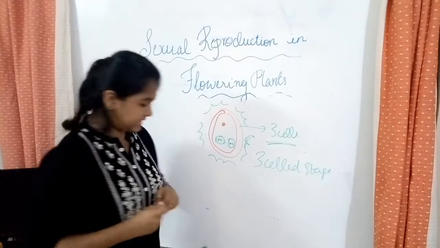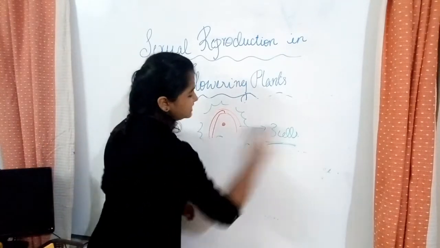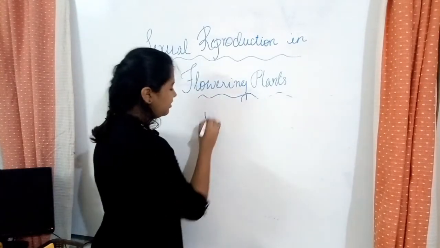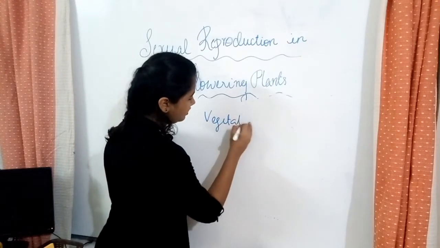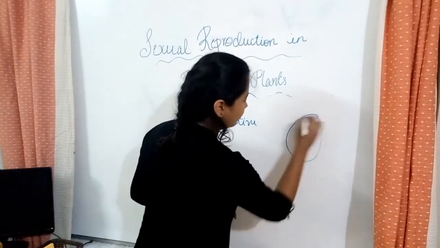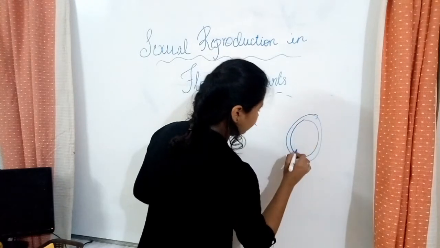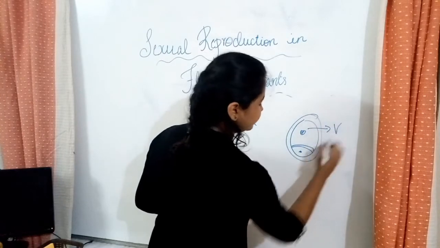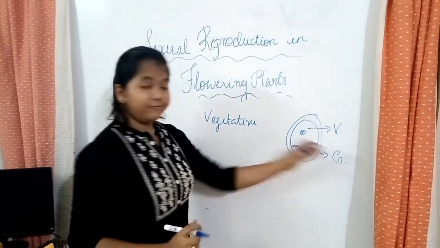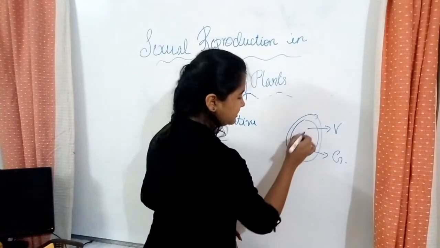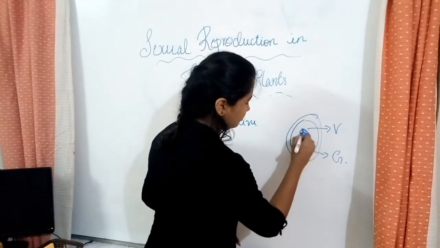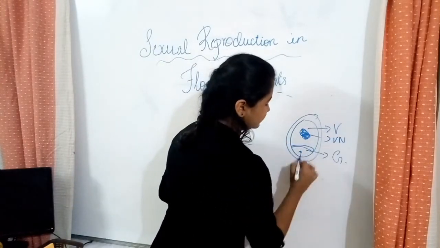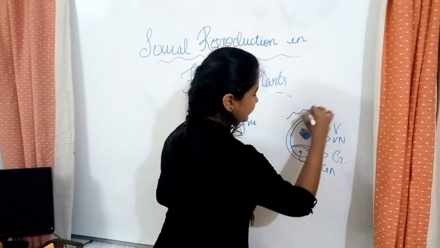So now we have to discuss the vegetative cell and the generative cell. This was the vegetative cell and this was the generative cell. This is the vegetative nucleus, and this is the generative nucleus, and there is the exine over here.